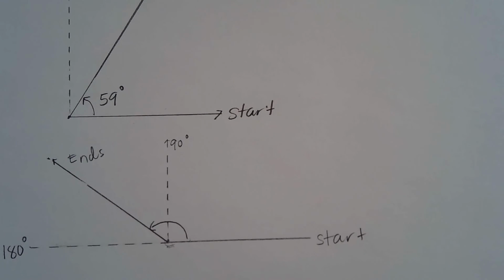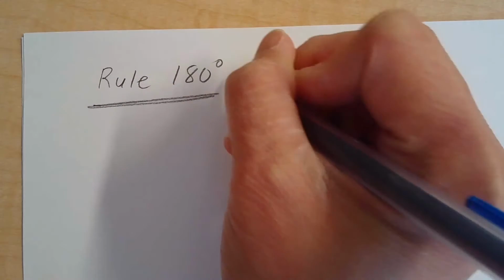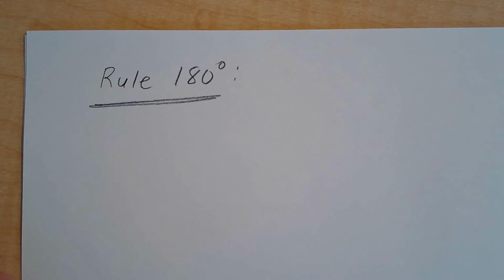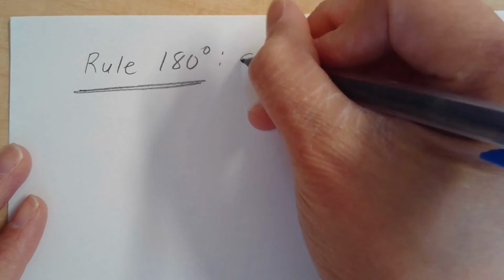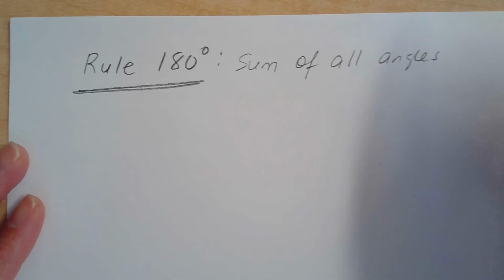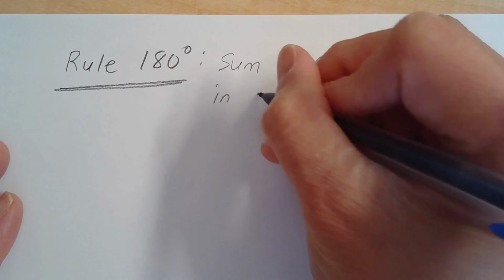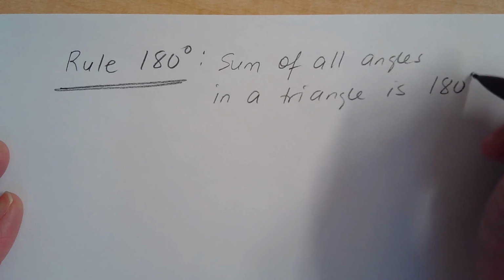Okay, that's good. Now, the reason why we're doing that is that yesterday we talked about Rule 180. Let's kind of review that rule again. What does Rule 180 mean? This is for any triangle, and they say the sum of all angles in a triangle is 180 degrees.